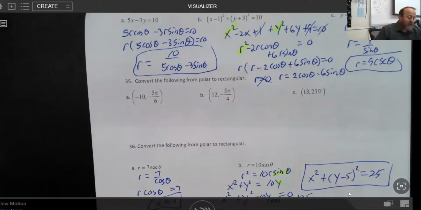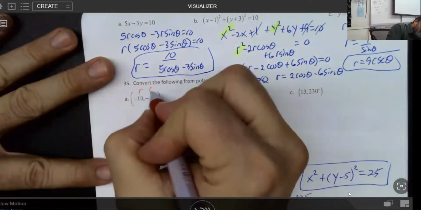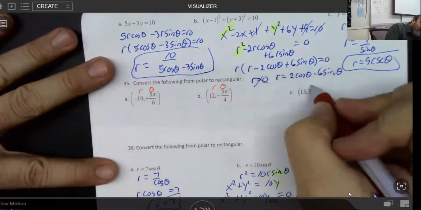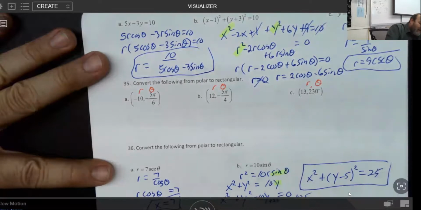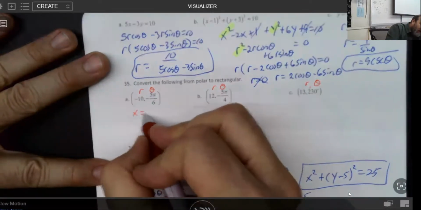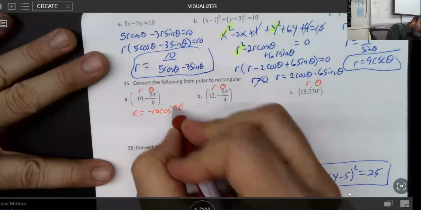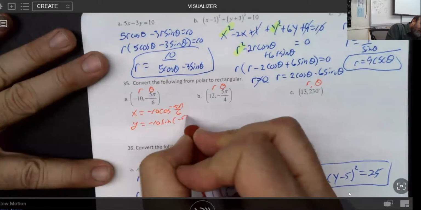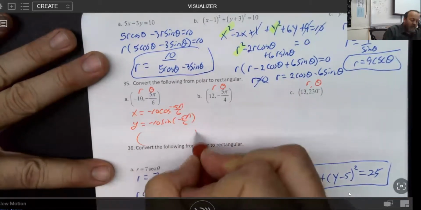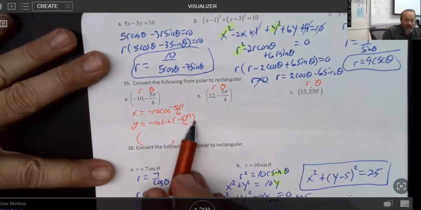Now, I'm going to keep using the equations that I mentioned before. So this is r and theta. Here's r and theta. Here's r and theta. And all of these are polar forms, but it's a simple formula. We know that x is r cosine theta. We know that y is r sine theta. And this is super easy because we should know that the sine of any kind of pi over 6 is a half.